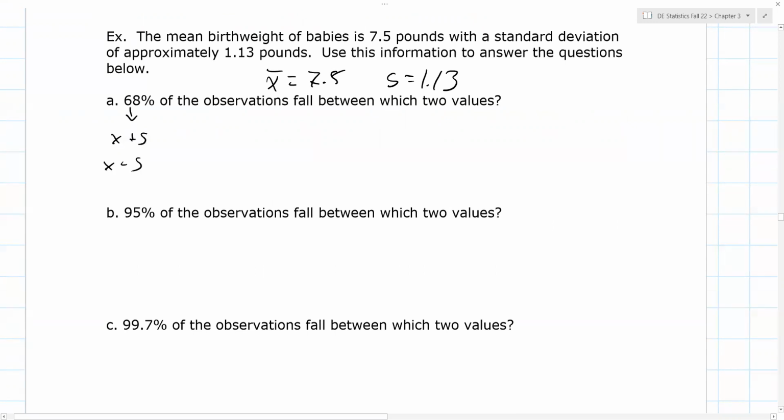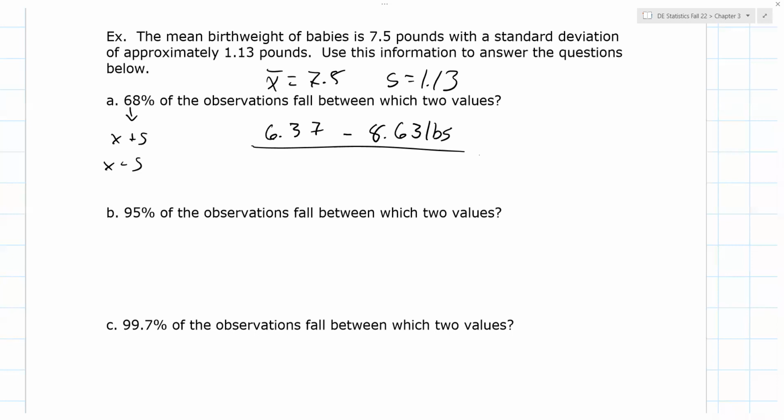So 7.5 plus 1.13 will give me my upper limit, and then my lower limit is 7.5 minus 1.13. That is the interval that will contain 68% of my data.